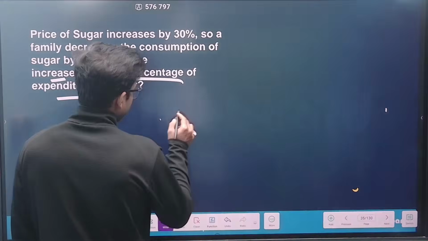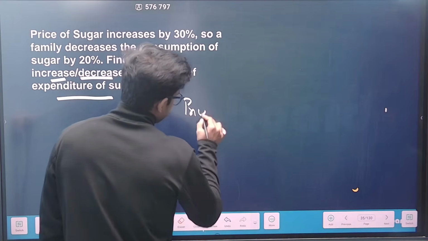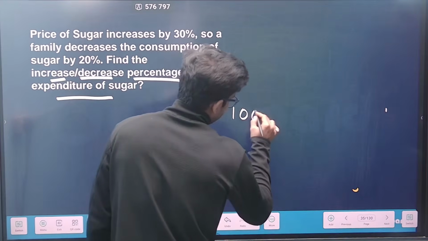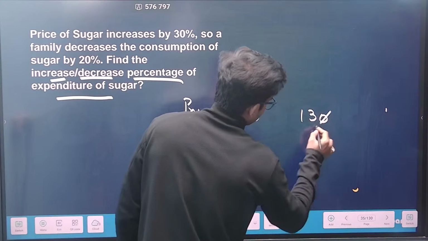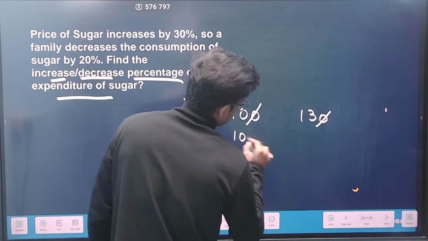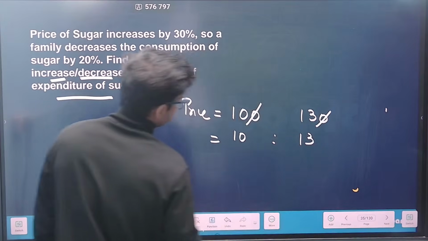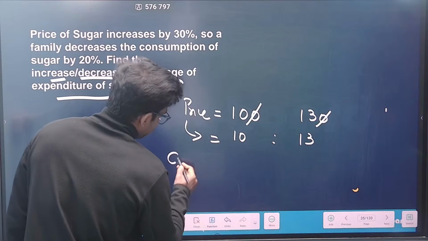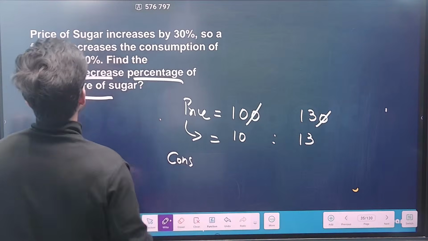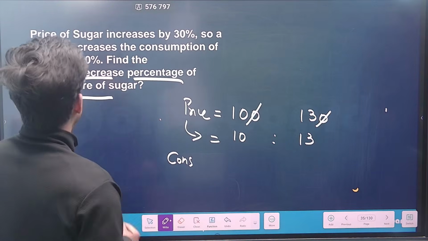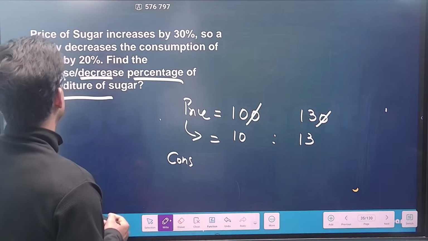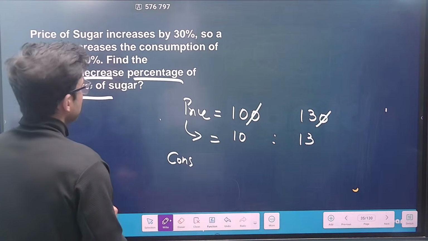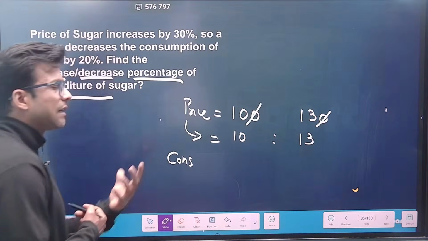So the price is initially 100 and now it becomes 130, so basically the price is 10 is to 13. Then the consumption: the family decreases the consumption by 20%. This is a decrease of 20%.